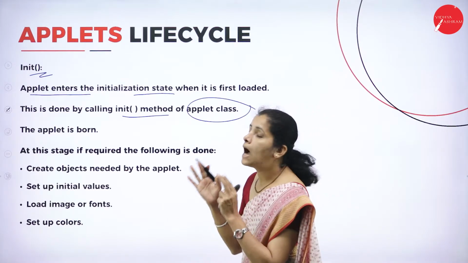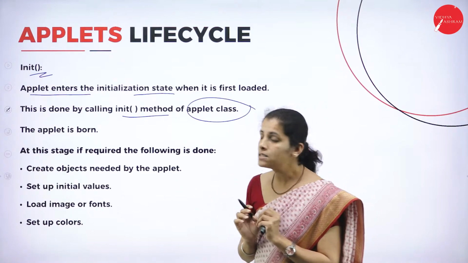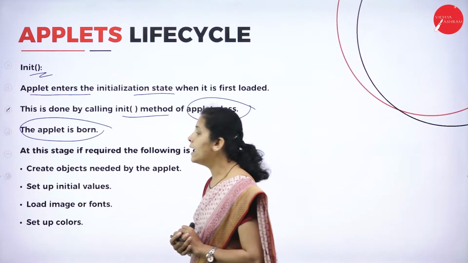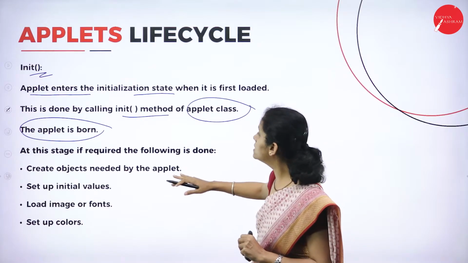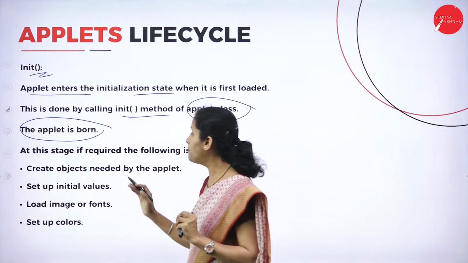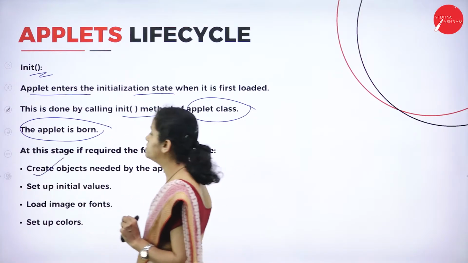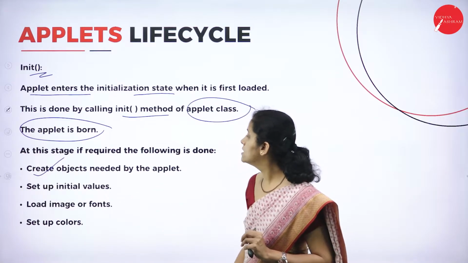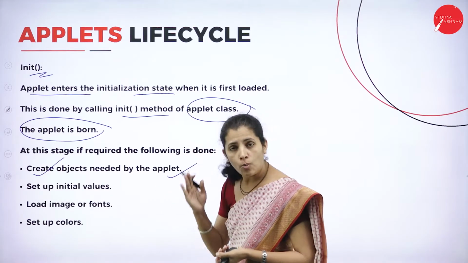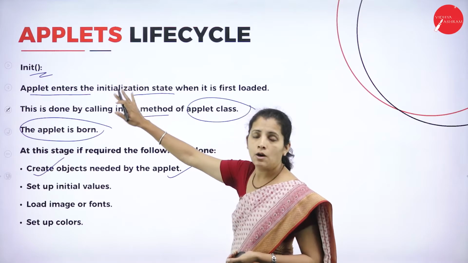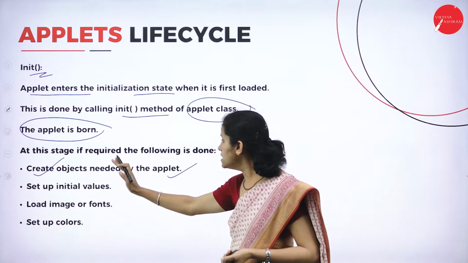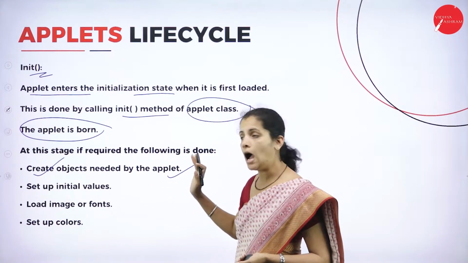Now the applet is treated as born. At this stage, the applet requires the following things: the applet wants to create objects needed by the applet. That means the job of the init method is to create objects which are needed by the applet.